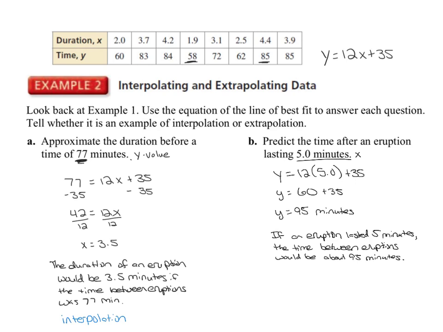Okay, and when I look at 5 minutes, 5 minutes is not between my lowest value of 1.9 and my highest value of 4.4. So this is an example of extrapolation because it is outside of the values that I was already given.